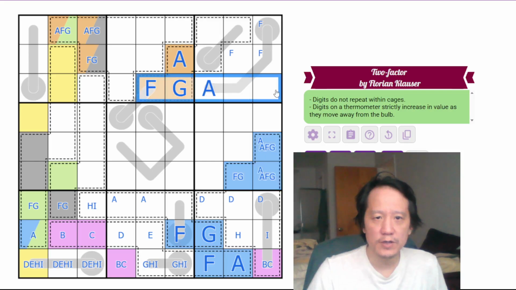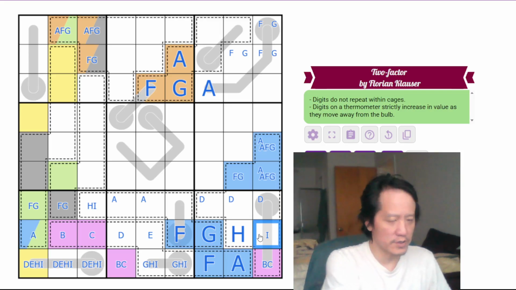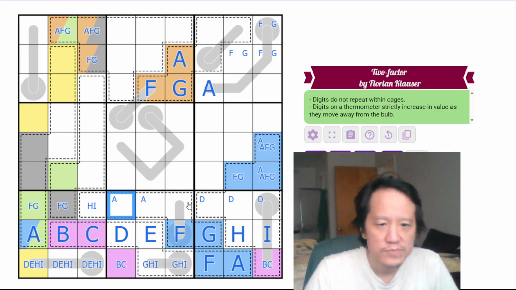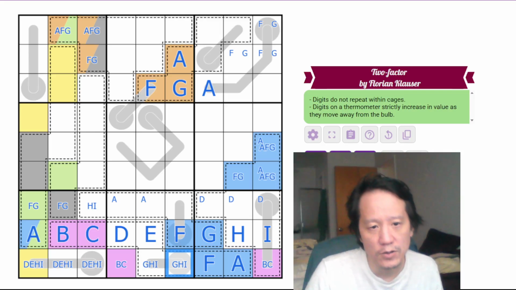G cannot be here, and G cannot be in the cage. So G is also one of these three. We have H. Okay, let's capitalize them to make it distinct. G cannot be here.